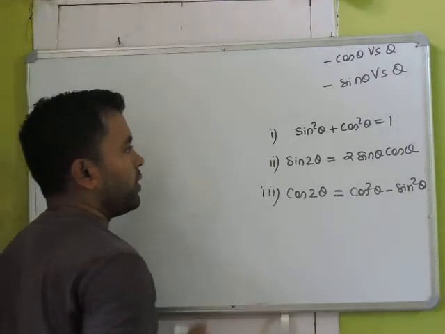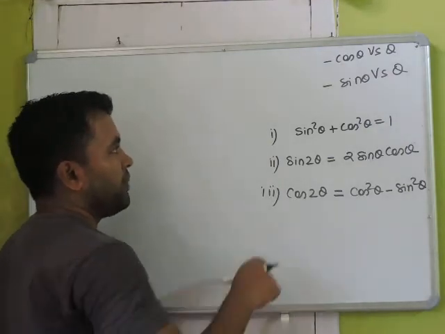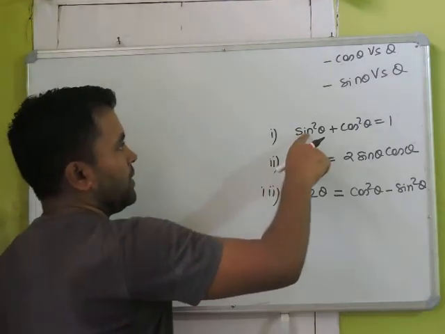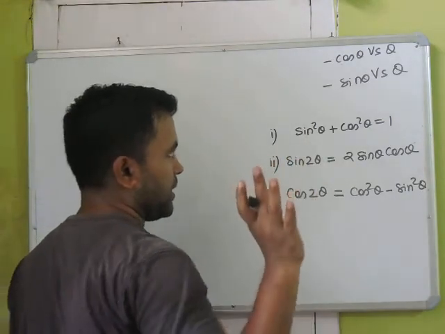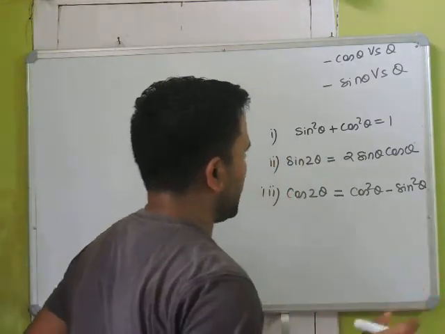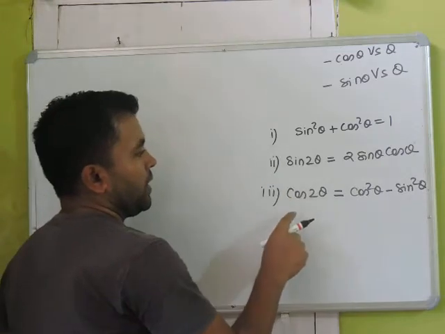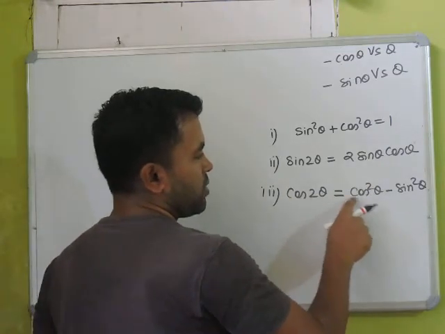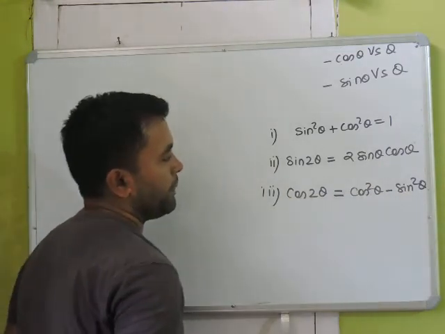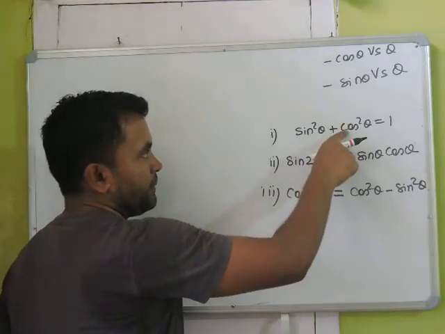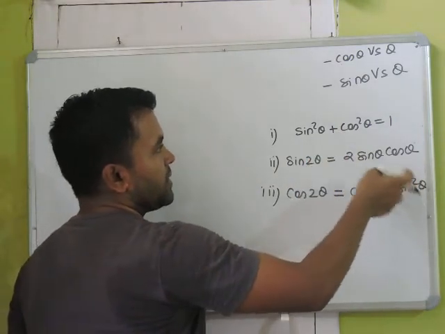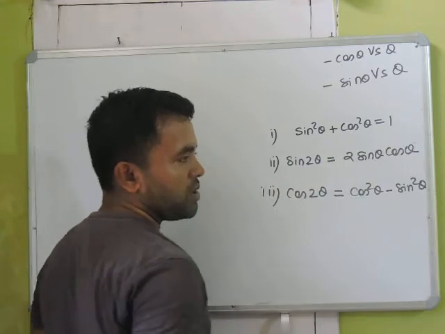Now you can combine these, and that is again something I am leaving for you. See, cos 2 theta is cos square theta minus sin square theta. From here I can write sin square theta as 1 minus cos square theta, right?